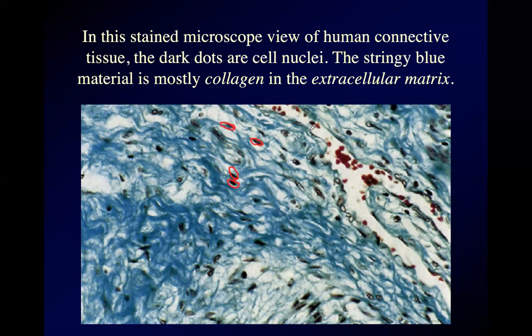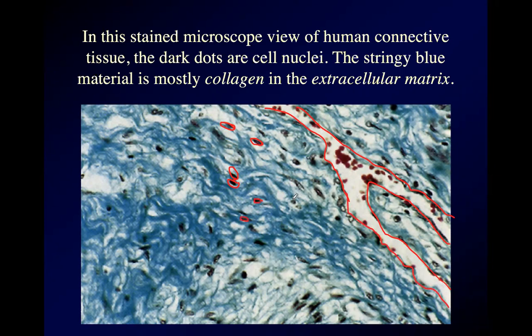This, by the way, is a little blood vessel that got caught up. So that branching structure right there, that's a little capillary with some blood cells trapped inside. And surrounding that blood vessel, we've got lots of cells. Every one of these little black dots is a cell.